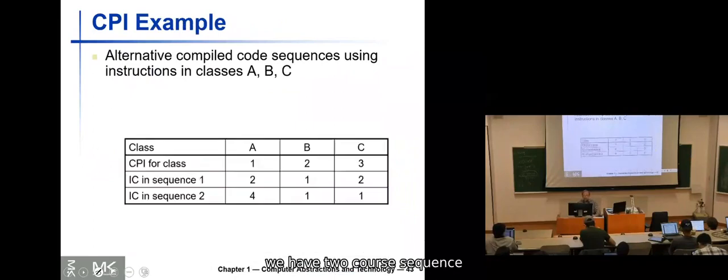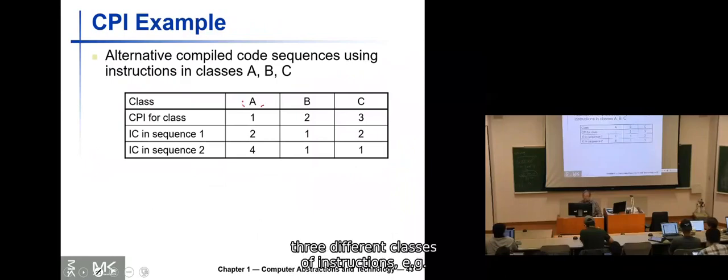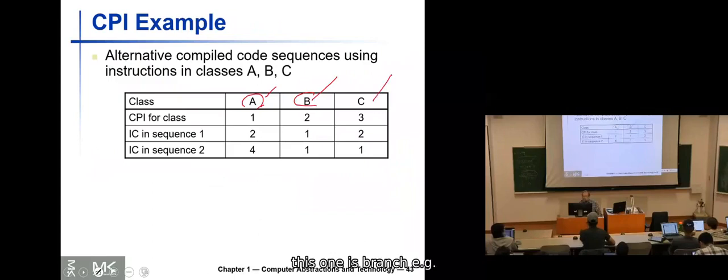For example, we have 2 alternative code sequences using instructions in classes A, B, C. We have 3 different classes of instructions. For example, this one is add, this one is multiply, this one is branch. For class A, CPI is 1. For class B, CPI is 2. For class C, CPI is 3. It takes 3 clock cycles per instruction.